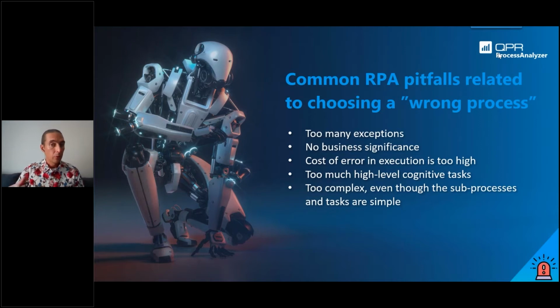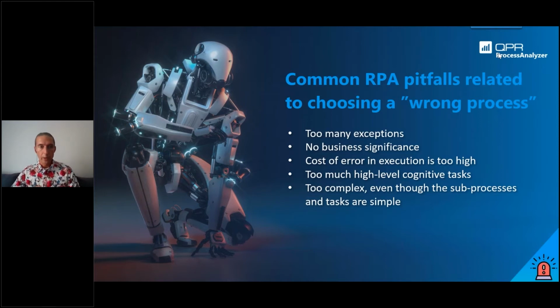For example, there may be too many exceptions. If you try to automate something with too many exceptions, the RPA might fail because it cannot choose the right ones. This process is not as simple as somebody may think. And the cost of error may be too high, so then it's not worthwhile to automate.